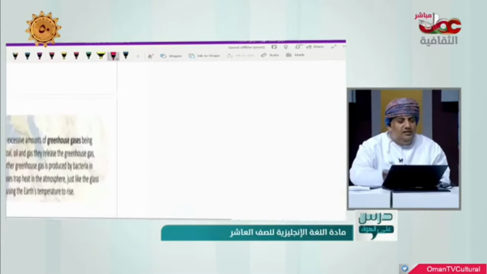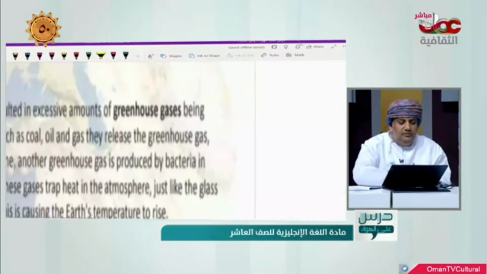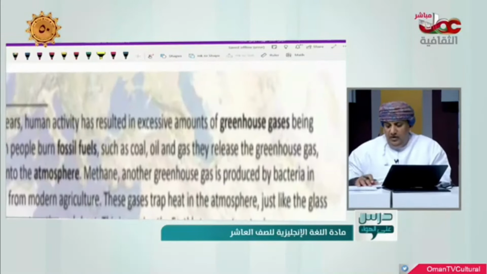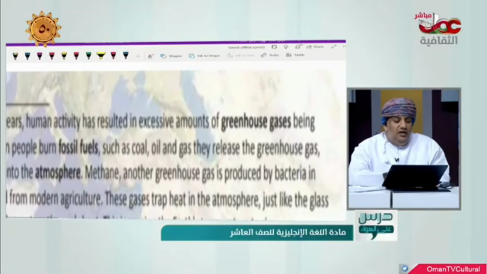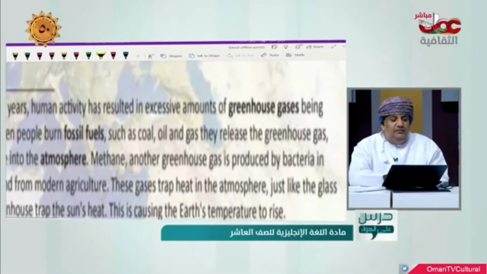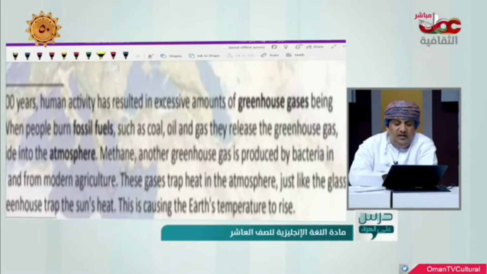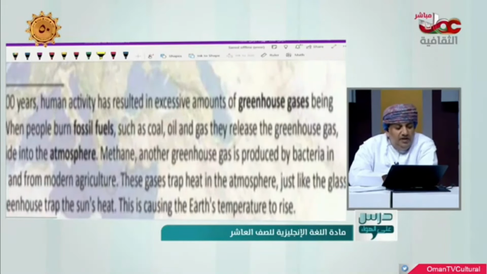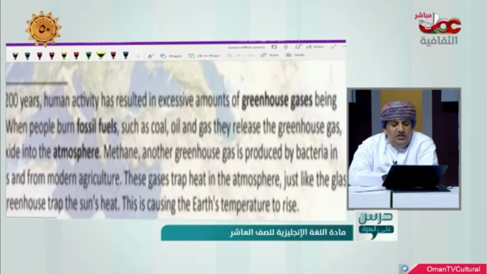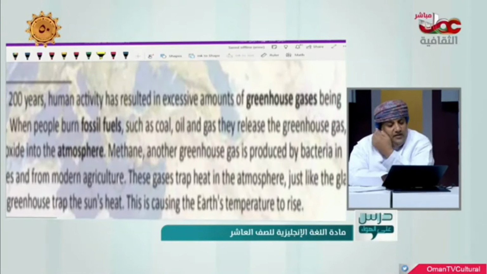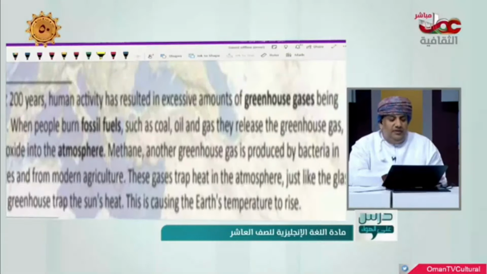So let's look at paragraph number 2. In the last 200 years, human activity has resulted in an excessive amount of greenhouse gases being produced. When people burn fossil fuels, such as coal, oil, and gas, they release the greenhouse gas carbon dioxide into the atmosphere.